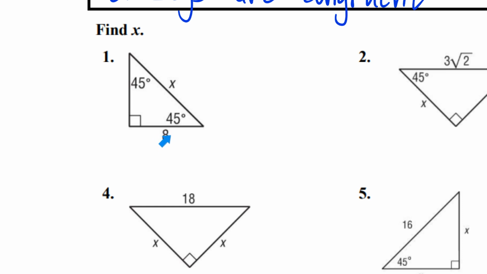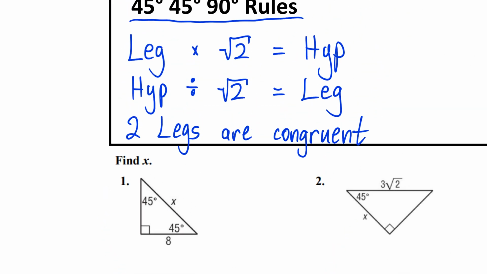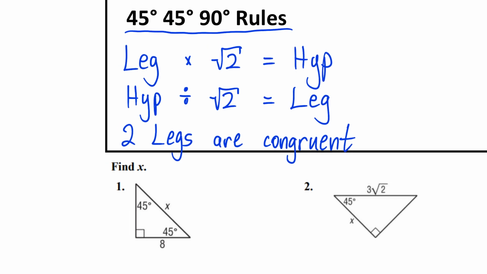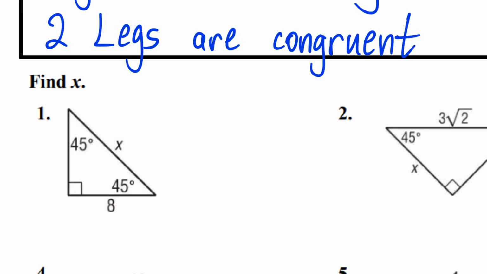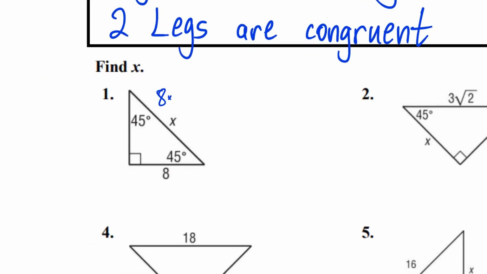It's a leg. So I know the leg, I'm looking for the hypotenuse. So how do I find the hypotenuse from the leg? Times square root of 2. Yep. If I know the leg, I just take the leg times the square root of 2, and it's going to tell me how long the hypotenuse is. That's what I'm looking for. So I'm going to do 8 times the square root of 2. Okay, and it's going to give you 11.31.